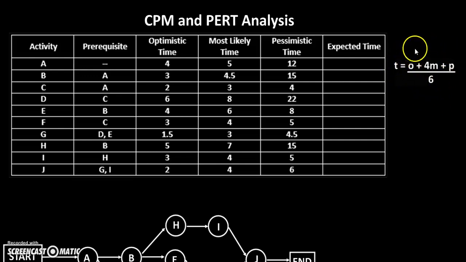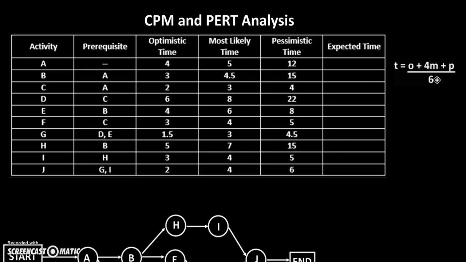If you remember back to our first unit, the optimistic time and the pessimistic time both have an invisible weight here of 1. The most likely time is given a much higher weight because that is the most likely, so we want to have this weighted more heavily in the calculation. And then we divide by 6.